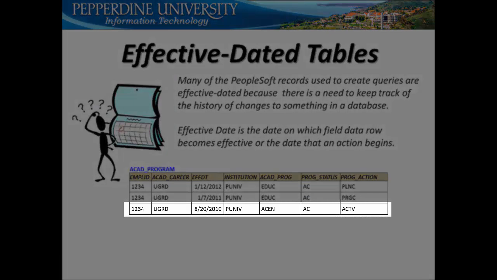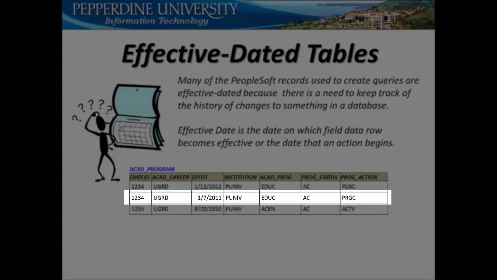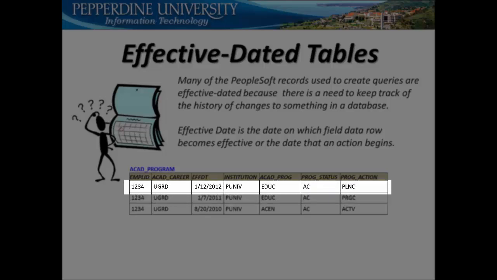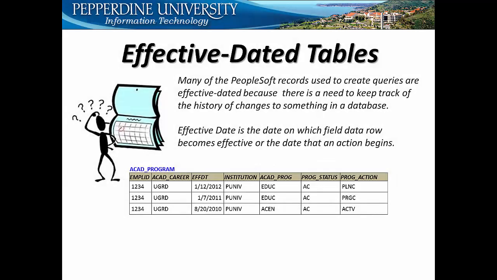Student 1, 2, 3, 4 entered the Academic Enhancement Program on 8/20/2010, then switched to Education and Human Development on 1/7/2011, then changed a plan within that program on 1/12/2012. All three of the rows are about the same student's participation, but represent different states of that participation by date.